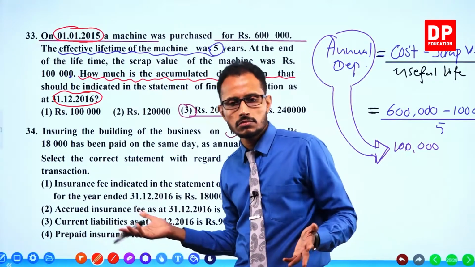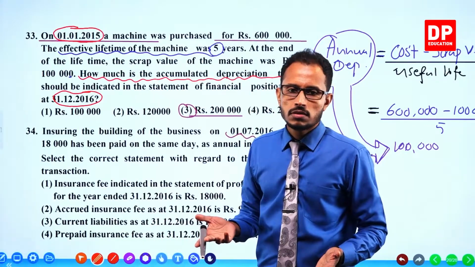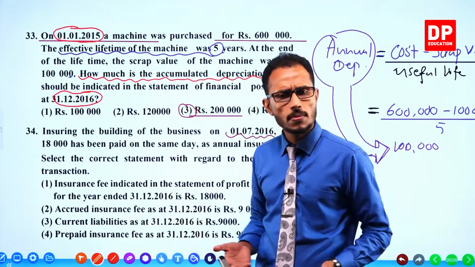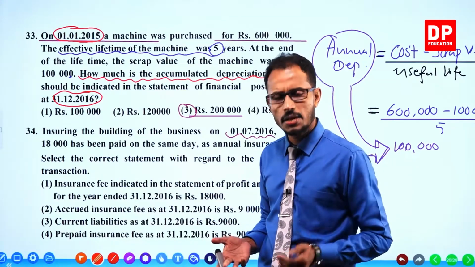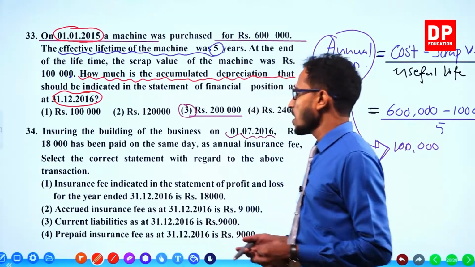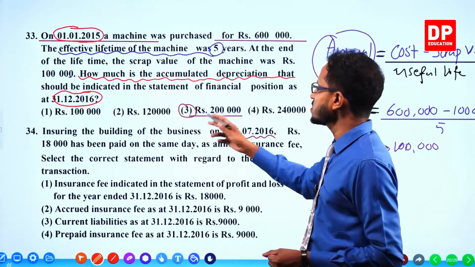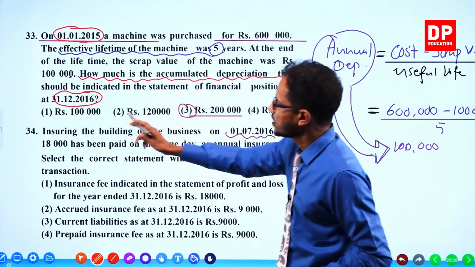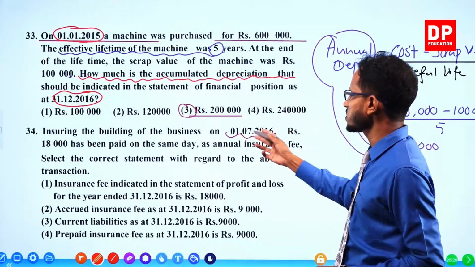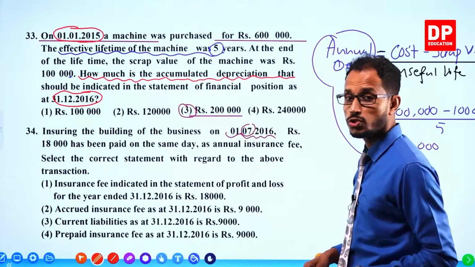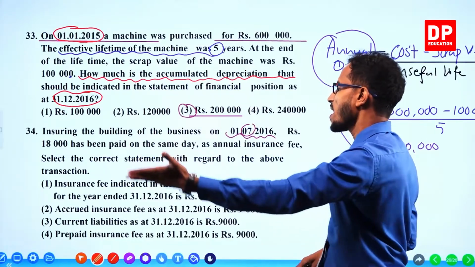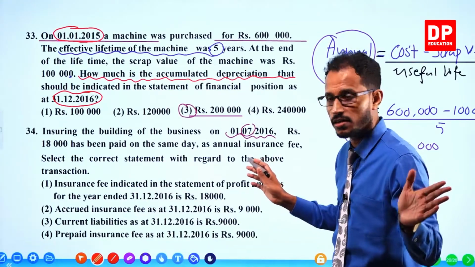They have paid the full amount on the same day. On the same day means the business insured the building on 1st July and paid the full amount 18,000 on that day for the whole year.